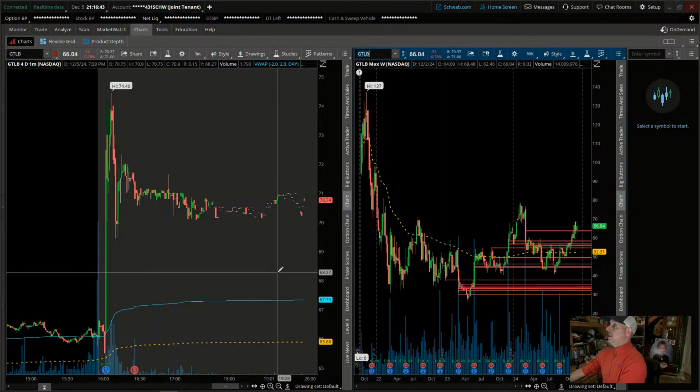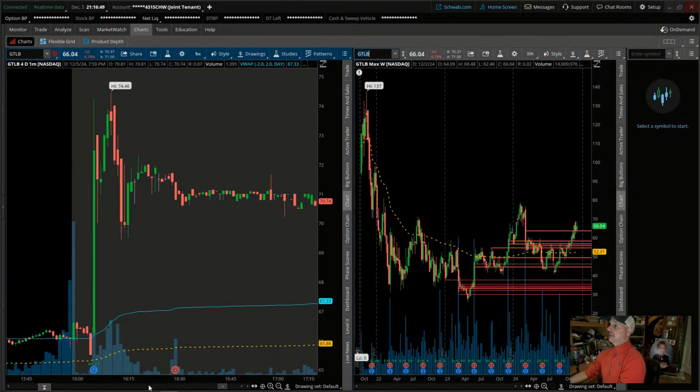GitLab. But I see a stock that's right smack dab in the middle of all this monstrous. Look at the size of that first candle. Holy shit. That's sick. So this thing could get some damage on the way back down. Not really. Yeah, it's not that bad. Let's see. What's the high? 74 and a quarter. 66 and a quarter.